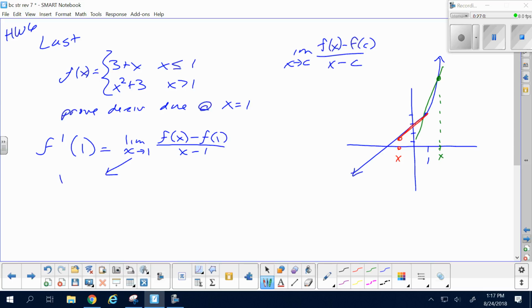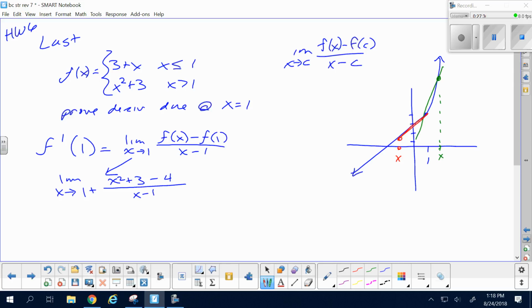If you take an x that is above 1 and approaches 1 from above, then it would look like that. Let's go a little more specific. If I'm going above 1, then what's f of x? x squared plus 3. And what is f at 1? 4, yes?